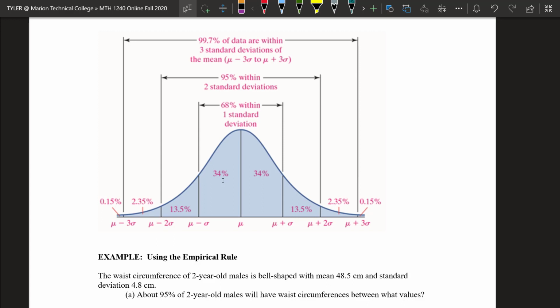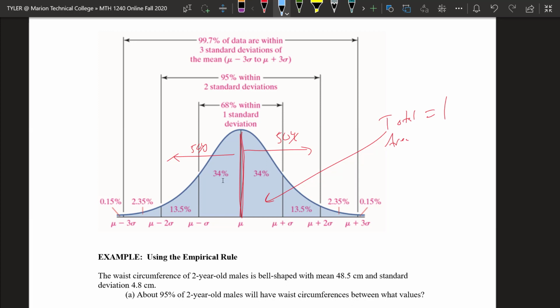The total area all the way under the curve is equal to 1. Another thing you want to know about this diagram is that when you go to the right of the mean, that's 50%, and when you go to the left of the mean, that's also 50%. In other words, the mean cuts it in half, so you have 50% of the data to the left of the mean and 50% to the right when you have a bell curve.